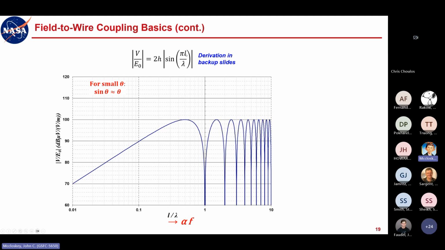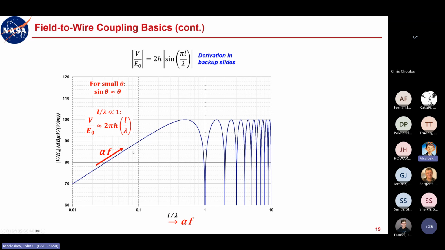That means when L over lambda is very small, when we're on this part of the curve here, we can just bring that argument out front. I'm just rearranging terms a little bit here, but it's 2 pi times H times L over lambda. And so that increases linearly with frequency, or with L over lambda. And that's what we see here.